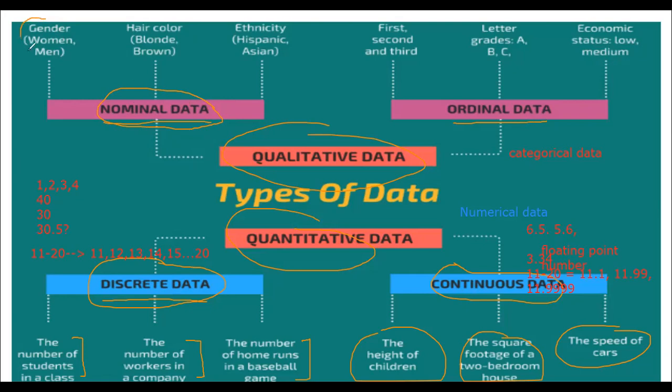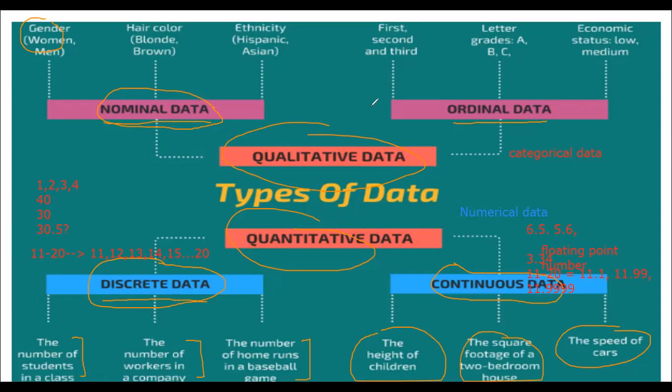Let's say gender, man, woman. Hair color, like gray, black, brown, burgundy, these are names we are giving. Ethnicity, like Hispanic or Asian. They all come under nominal data.